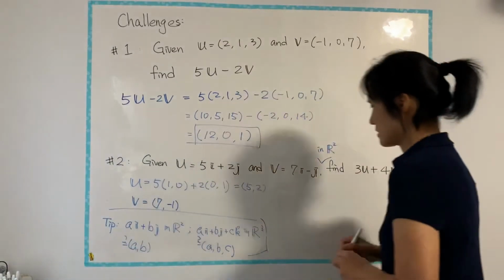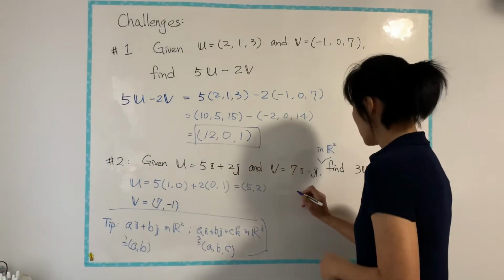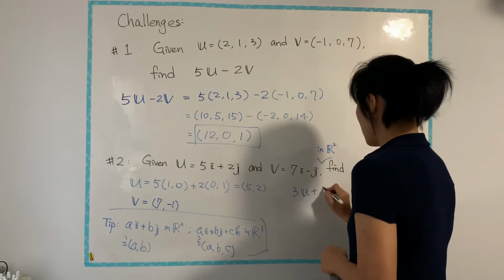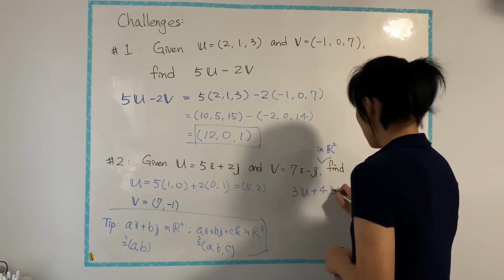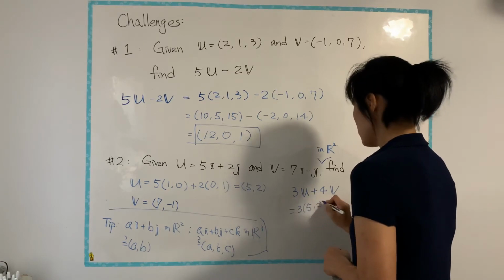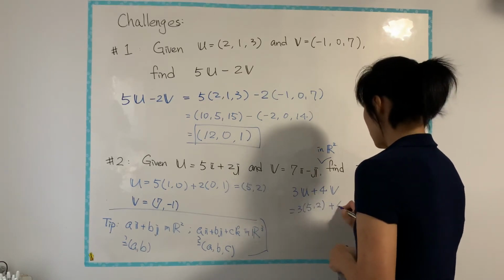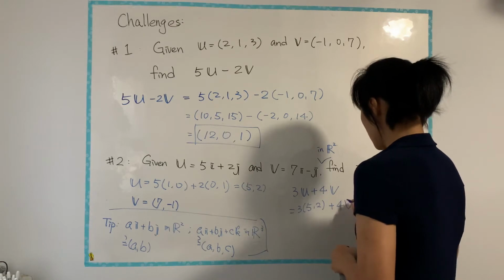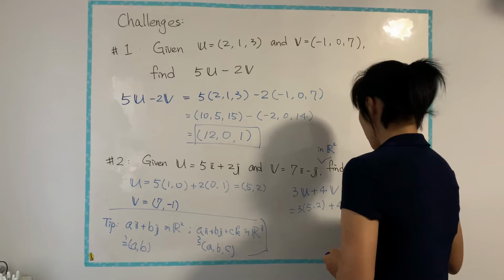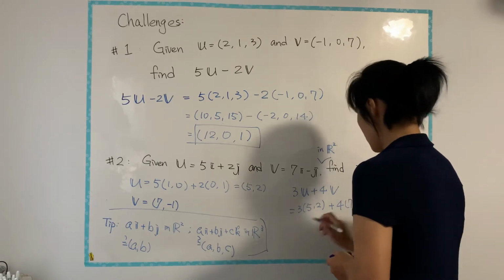All right, so now I'm looking for 3u plus 4v, and that's 3 times 5, 2, plus 4v, that's 4 times 7, minus 1.